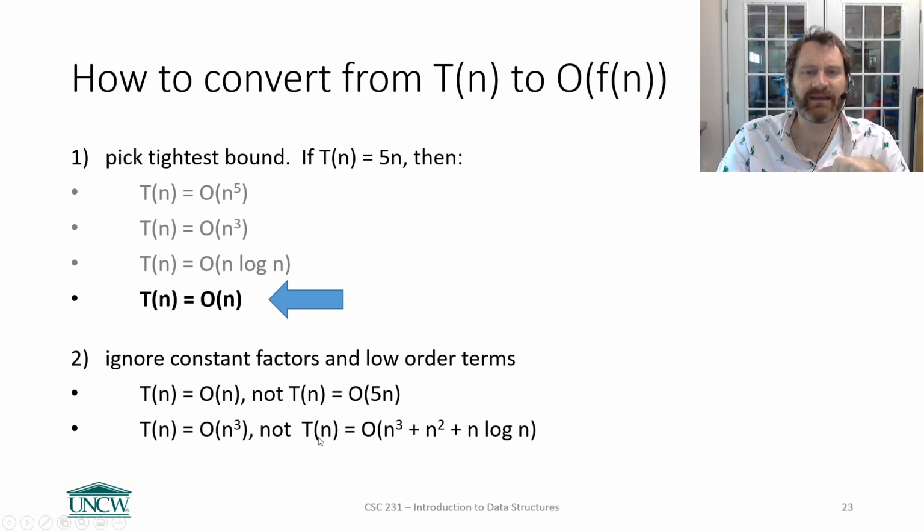Suppose you have a t of n of n cubed plus n squared plus n log n. You throw away low order terms. So t of n is big O of n cubed, not big O of n cubed plus n squared plus n log n. You only care about the biggest term. That makes it really easy to convert from t of n to f of n.